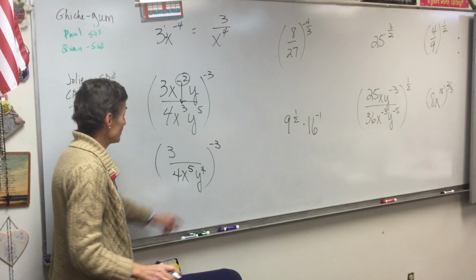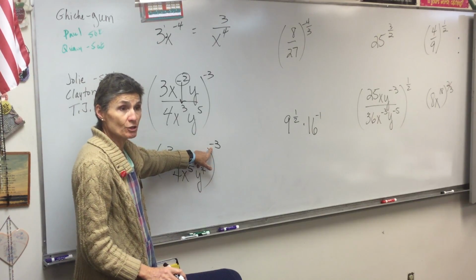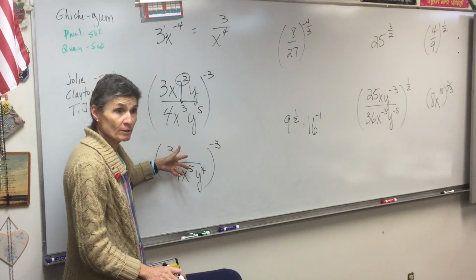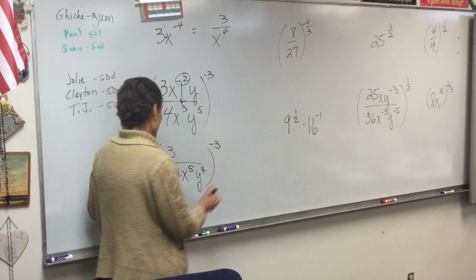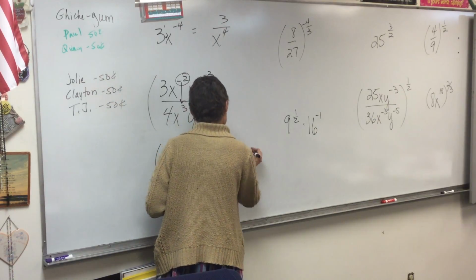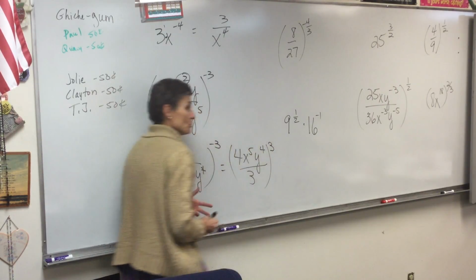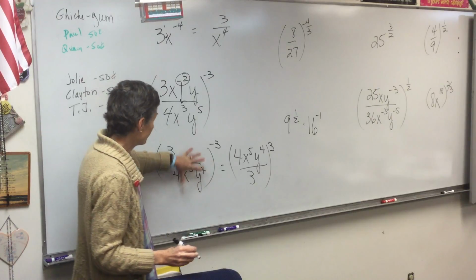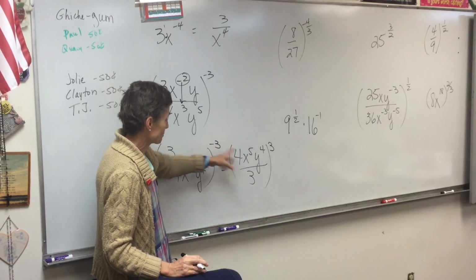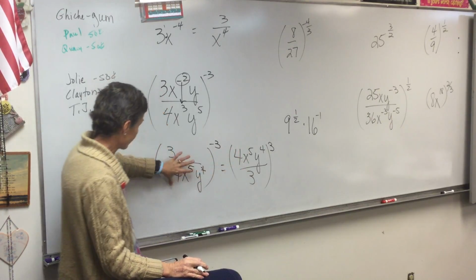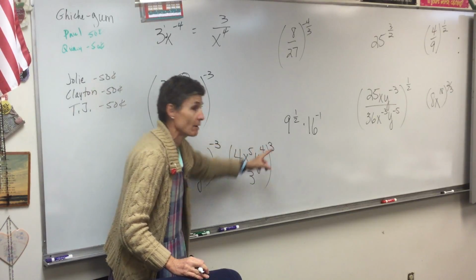Flip it. The negative is going to flip the whole fraction. So I'll have my 4x to the 5th, y to the 4th over 3. And now it's cubed. When you flip it, all you do is make the exponent positive. So the fraction's turned over, and now it's a positive.